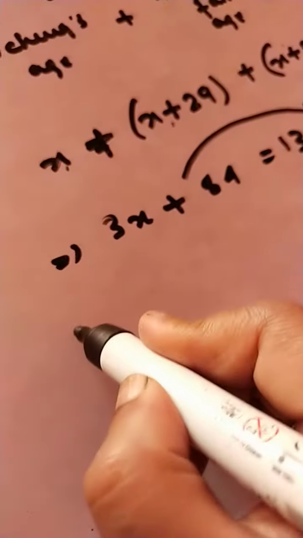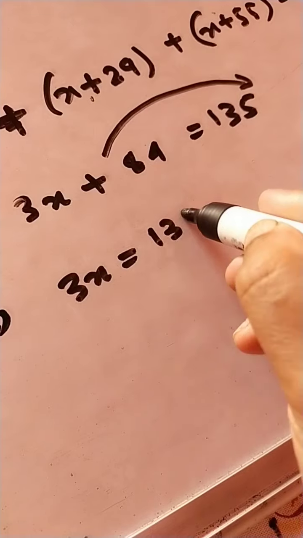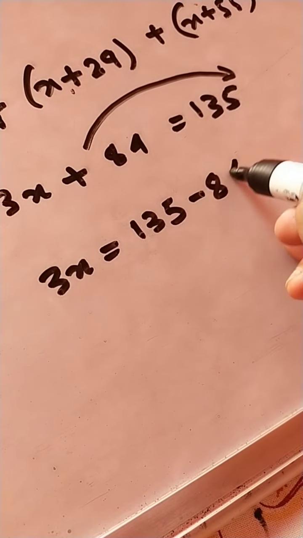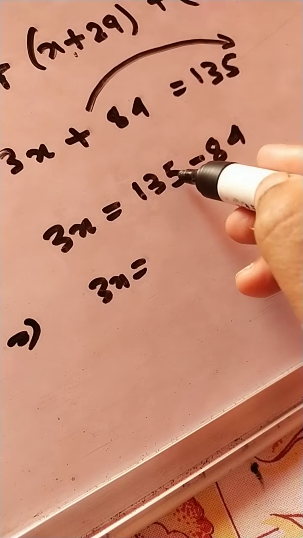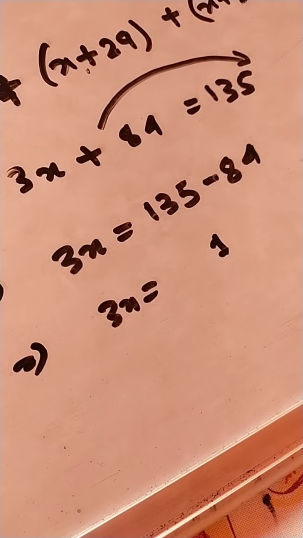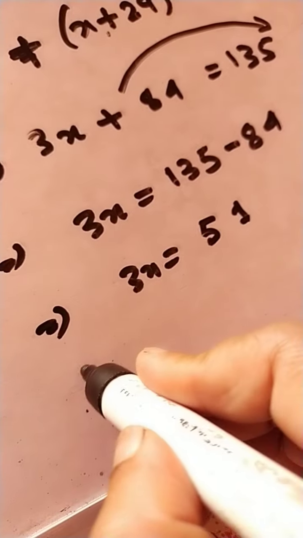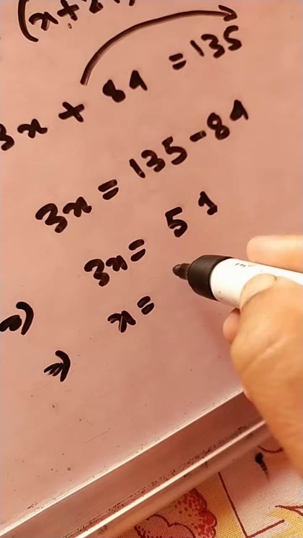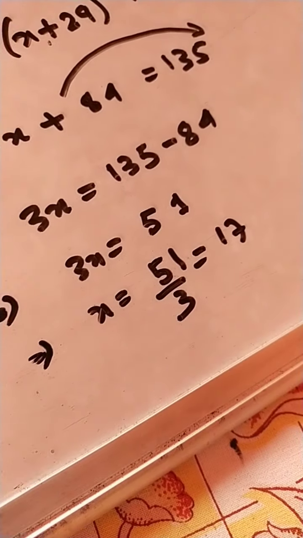So it will look like 3x equals 135 minus 84. We'll get the answer as 51. So x would be equal to 51 divided by 3 and you will get the answer as 17.